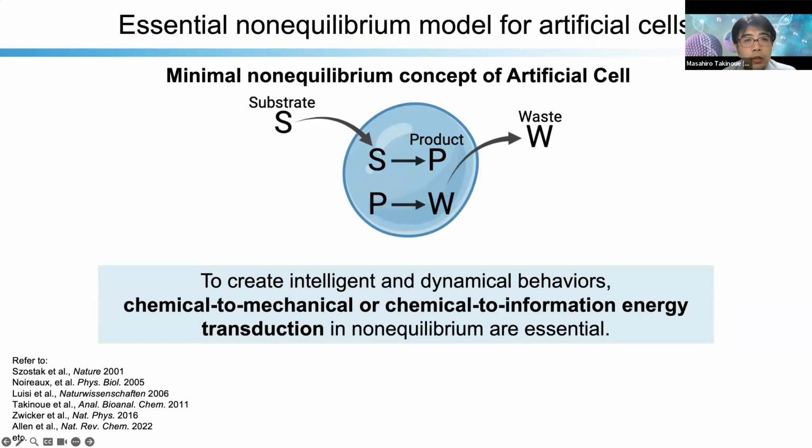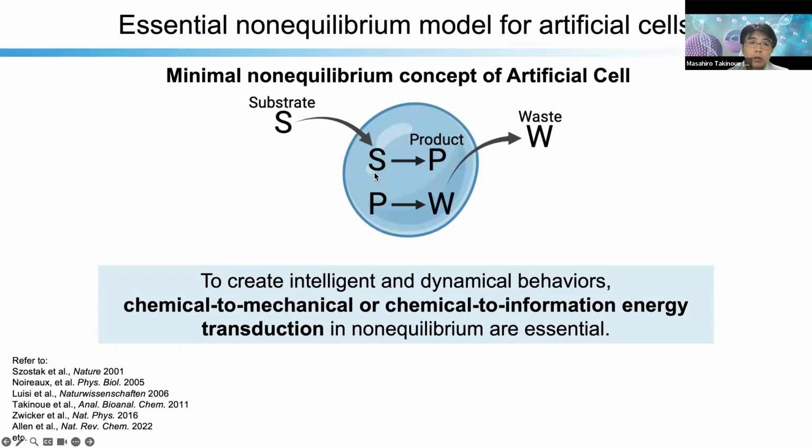So to create intelligent and dynamical behaviors, chemical to mechanical or chemical to information energy transduction in non-equilibrium is essential, maybe. This is the minimal non-equilibrium concept of artificial cells espoused by many researchers. Here, the substrate S is introduced in a compartment.